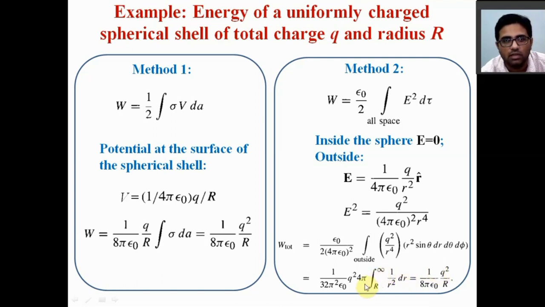Now what will be the limit for theta? That will be 0 to pi. For phi, that will be 0 to 2 pi. And if we do the integration, it will give us 4 pi. And after solving, the final form of the integration will be like this, and we get this form. Thus we can see that we are getting the same form of electrostatic energy using the first method and second method.